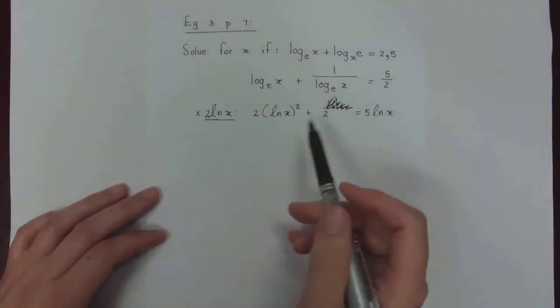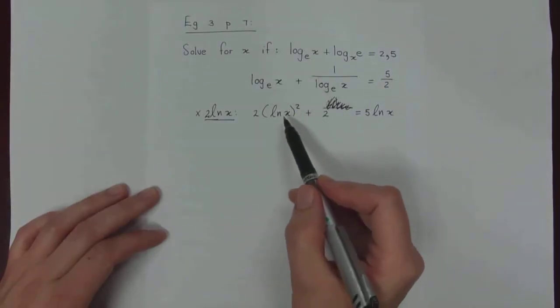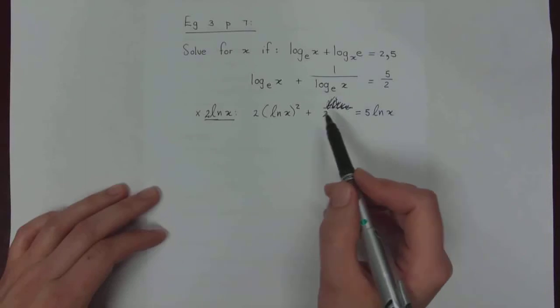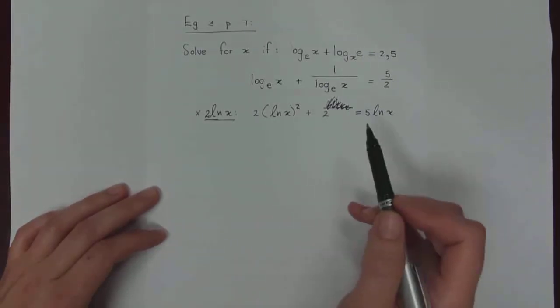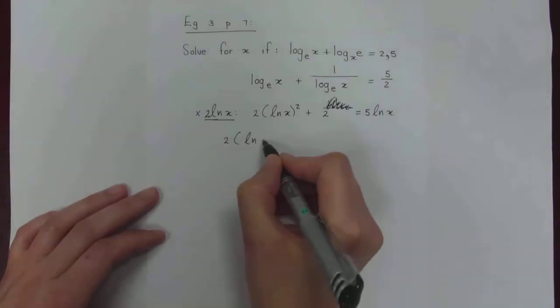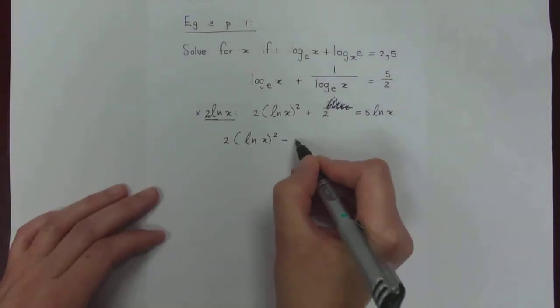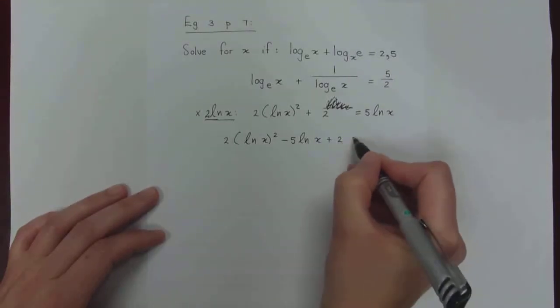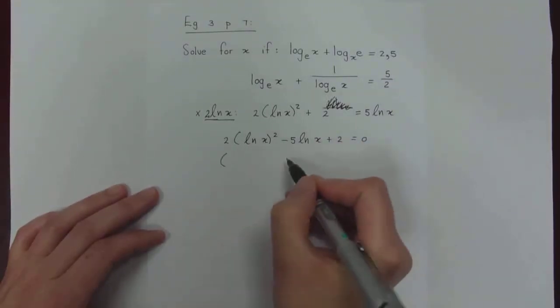There we go. Now, if you look at this, again, I've got a square and I've got three terms, so this is effectively a trinomial. I'm going to put it in standard form for you: 2 (ln x) squared minus 5 ln x plus 2 is equal to 0. And now I'm going to factorize.